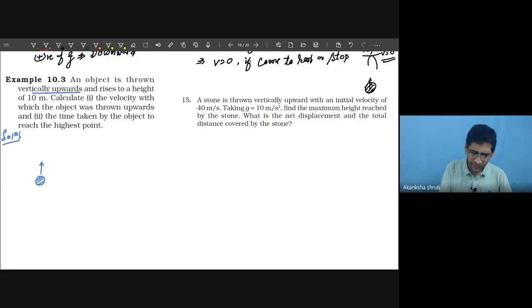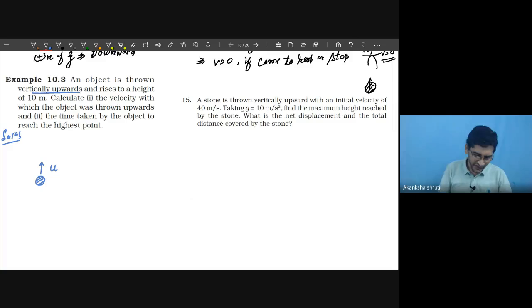For throwing a body upward, see, I'm just keeping the pen on my hand. Can it move upward automatically? No, unless I give an upward jerk or upward velocity, it will not move. So for throwing a body upward, we must always have some initial velocity u.